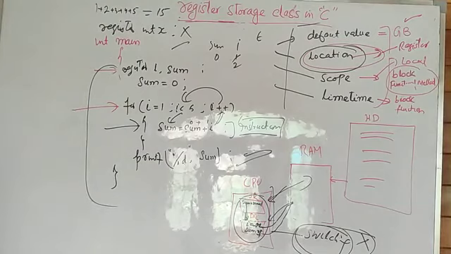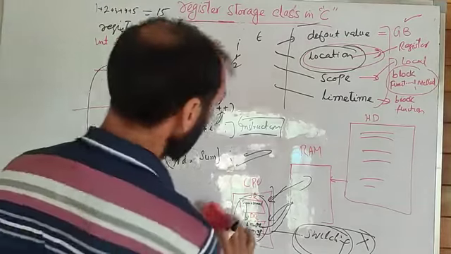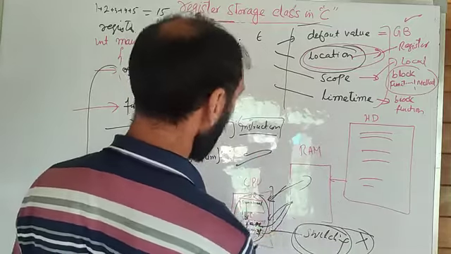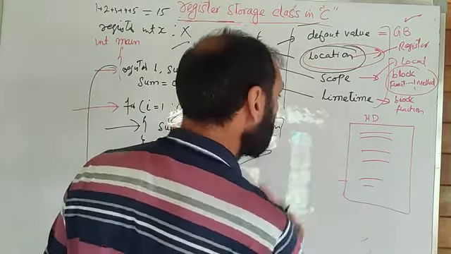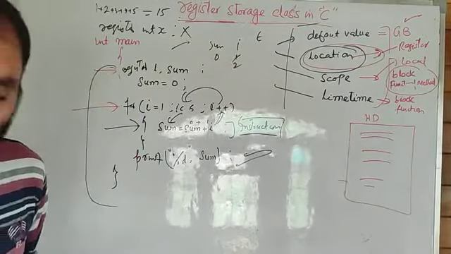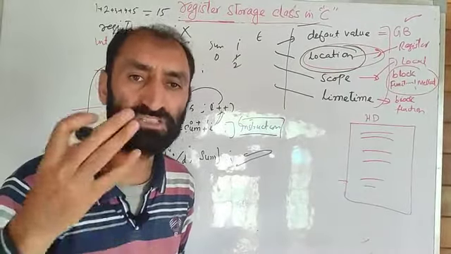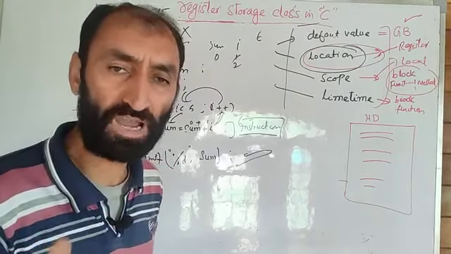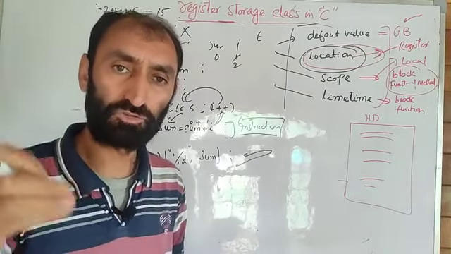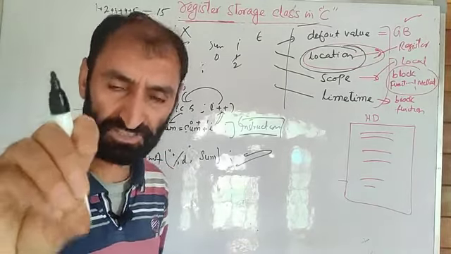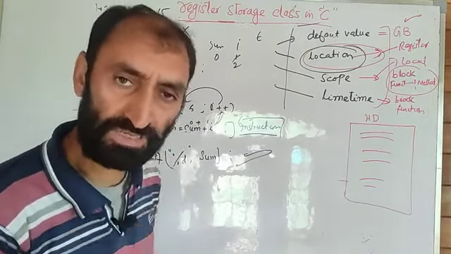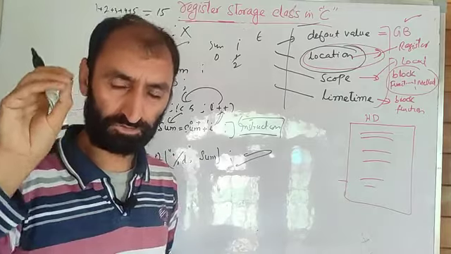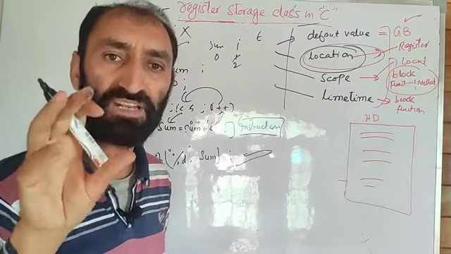So now the question is, if we know that the variables which are stored in the CPU have high execution speed, fast execution speed, why do we not store all the variables in registers? The answer is simply no, we cannot store all the variables in registers. Why?